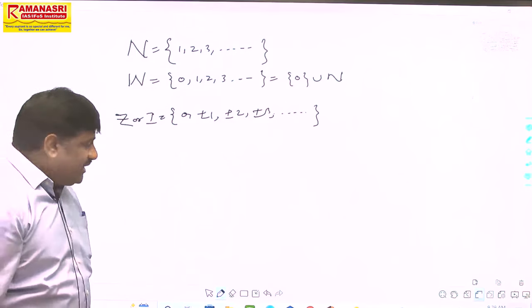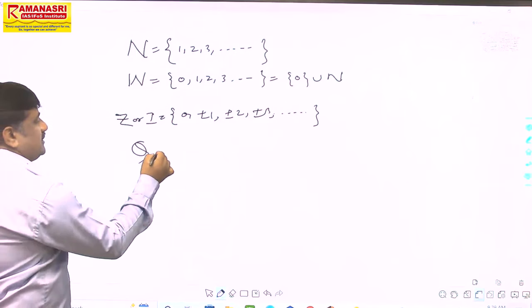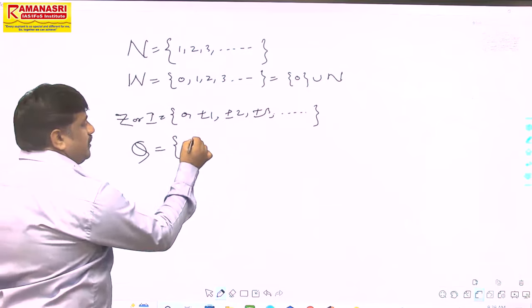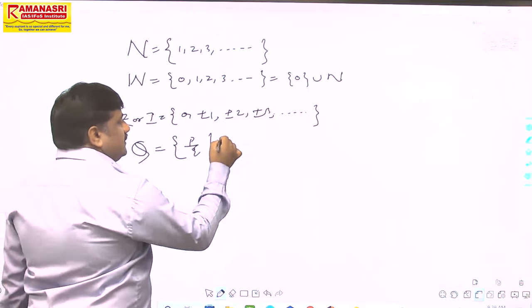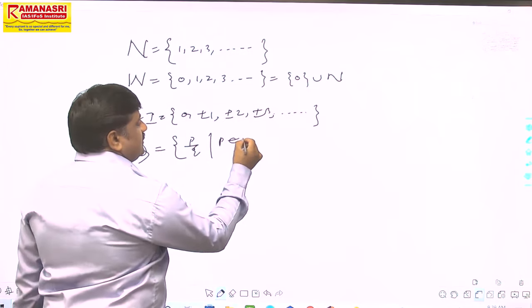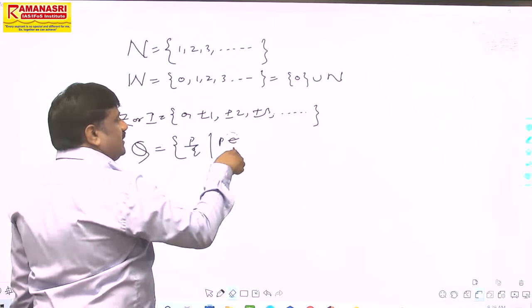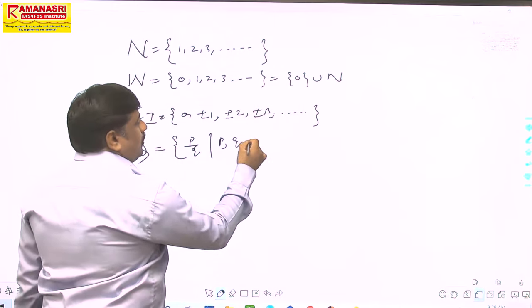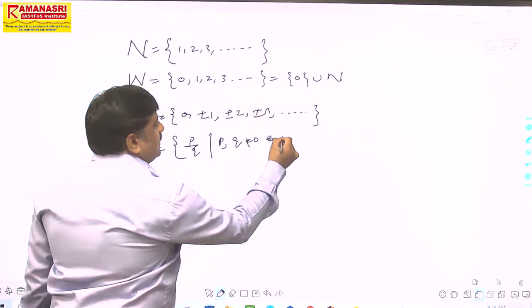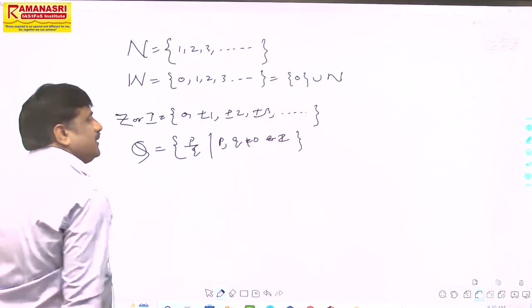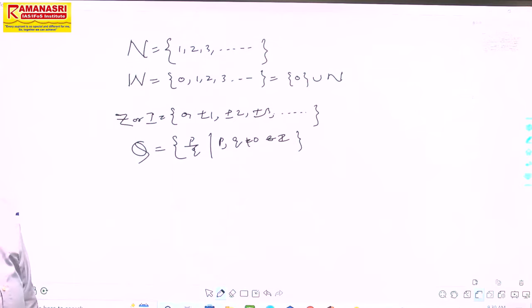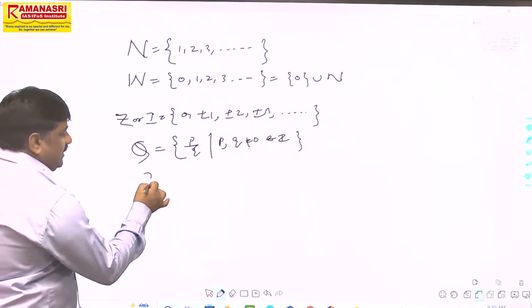We have integers. We have rational numbers: numbers which are in the form of p by q, such that p belongs to integers. And if you want, I can write once: p, q, both are integers, and q not equal to 0. The only thing is the denominator is not equal to 0. And we have irrational numbers.